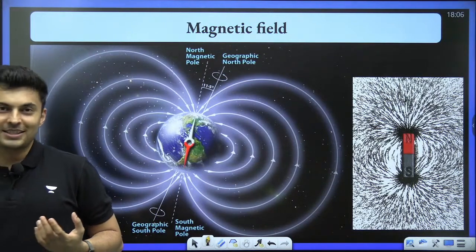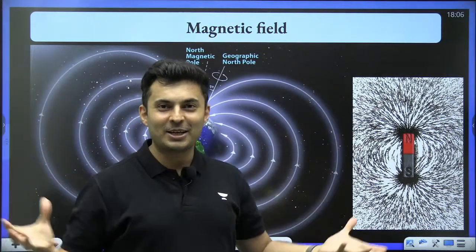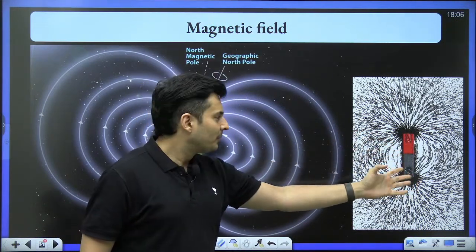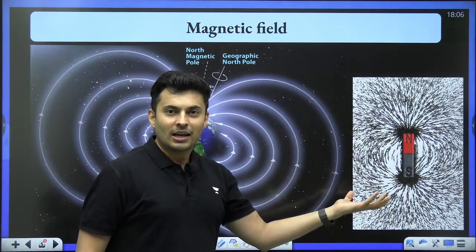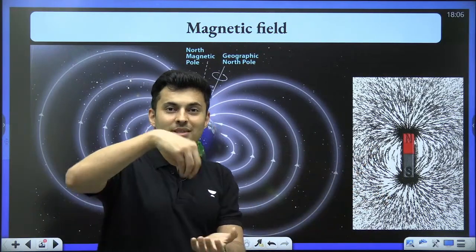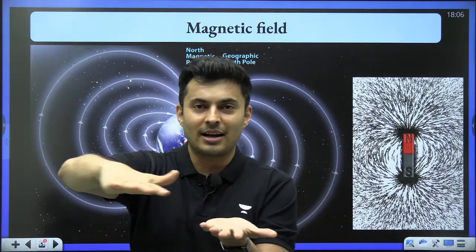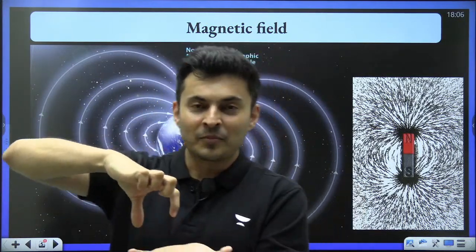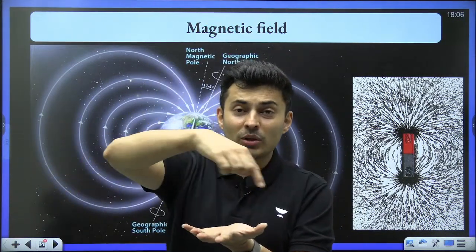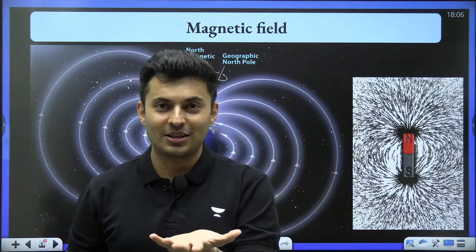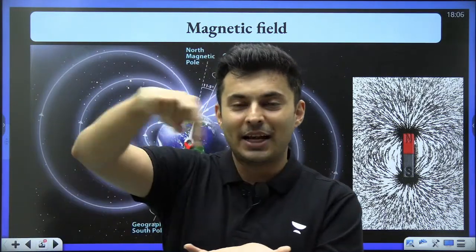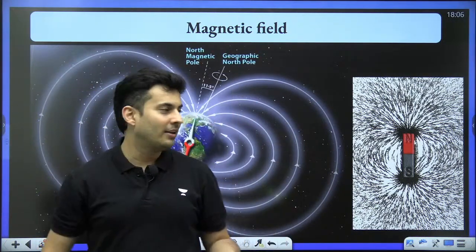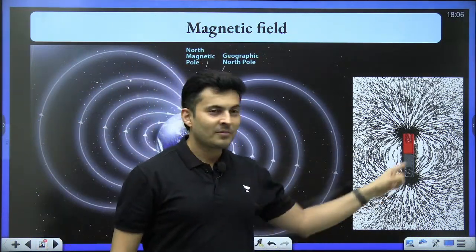Now, the moment I talk about magnetic field, the first thing that comes to your mind is Earth's magnetic field. Or you might have taken a bar magnet in school and played with it, maybe in the science lab, and you put some iron filings on a transparent or almost translucent paper to see how the magnetic field lines arrange. You tap them, and you will see the iron filings arrange in a peculiar manner, just like this.